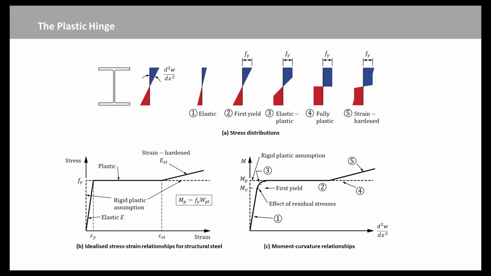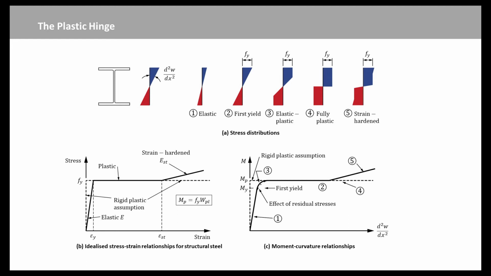At this stage, the section forms a plastic hinge which allows the beam segments on either side to rotate freely under the moment Mp. If the beam was originally statically determinate, this plastic hinge reduces it to a mechanism and prevents it from supporting any additional load.